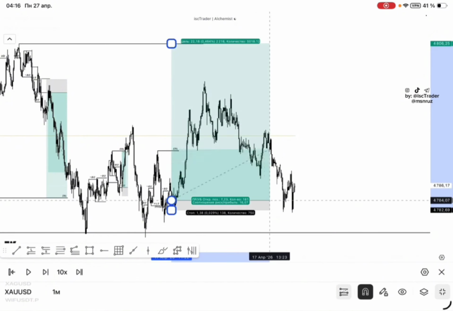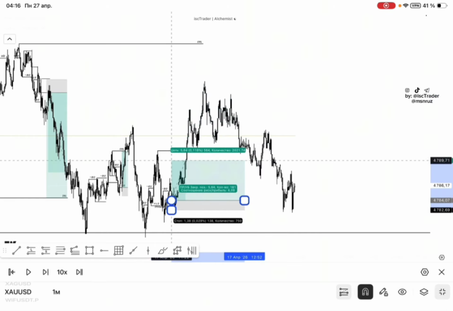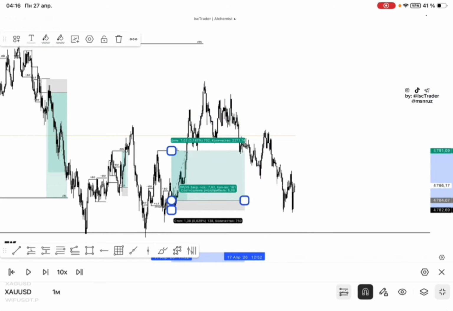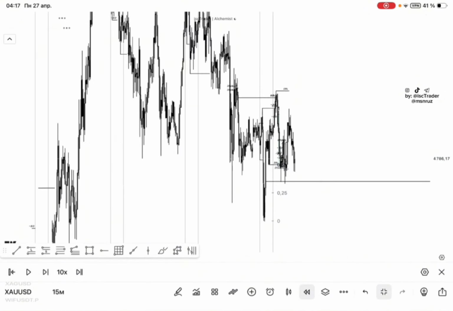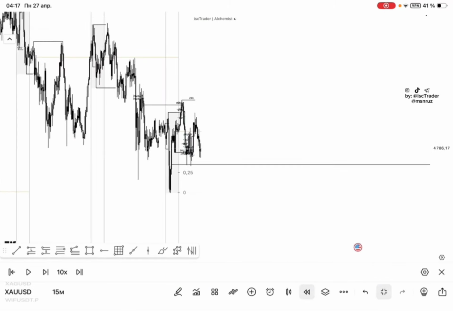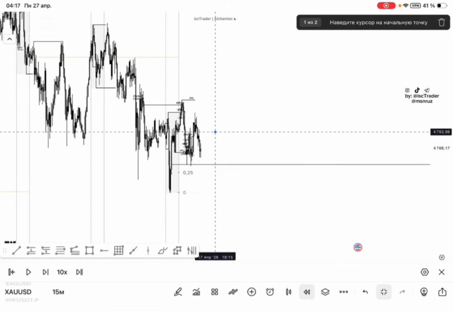Yeah, we took our first profit, but the full take profit was not taken. Alright, first take profit. Now we wait for the next day's Asia session.